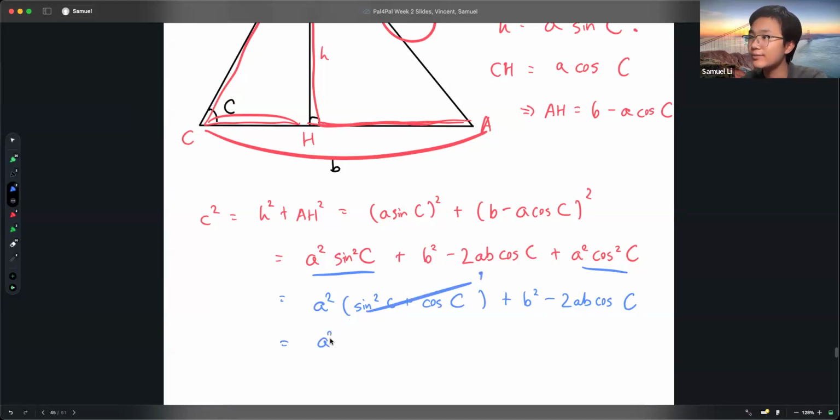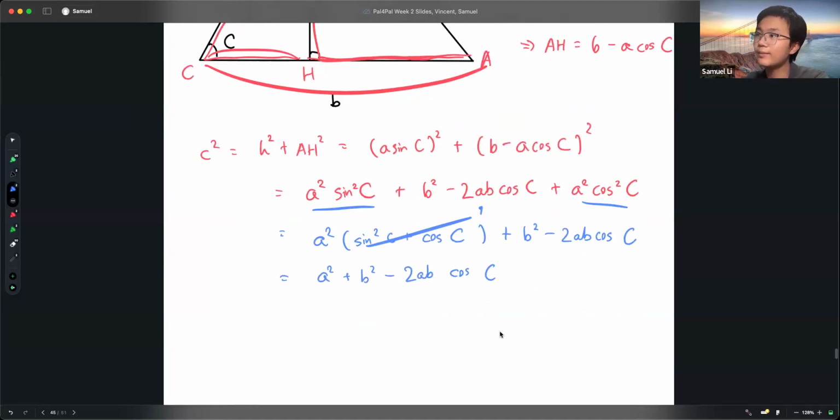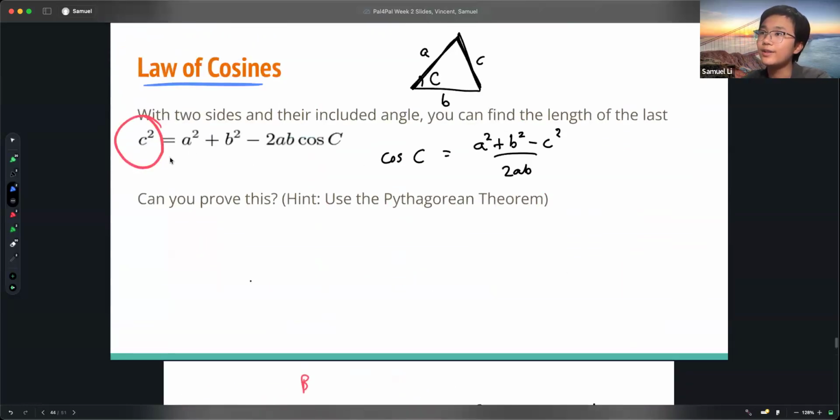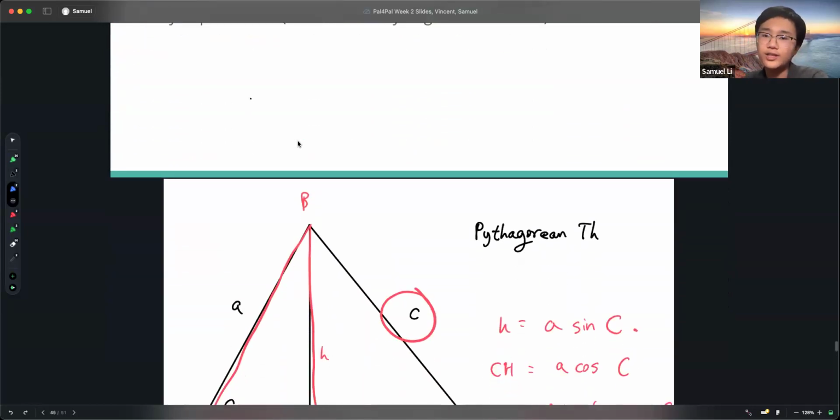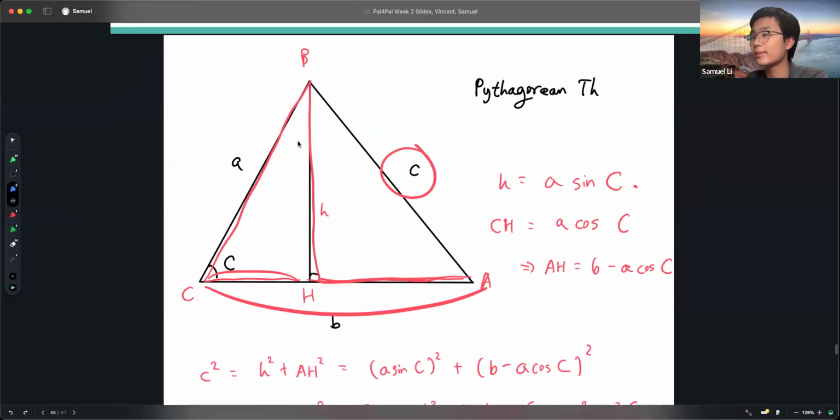So what is this? This is A squared plus B squared minus 2AB cosine C. And compare it with this formula, and we see that it matches. So the proof behind the law of cosines is just Pythagorean theorem.